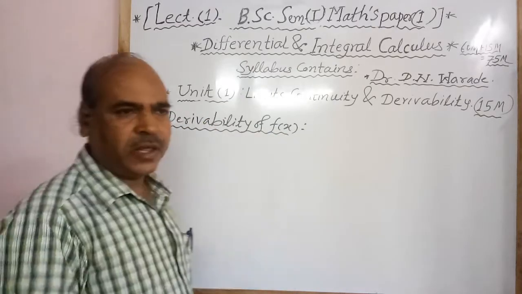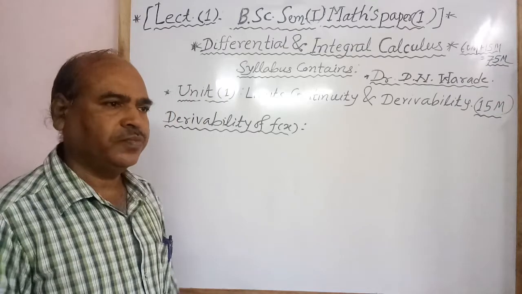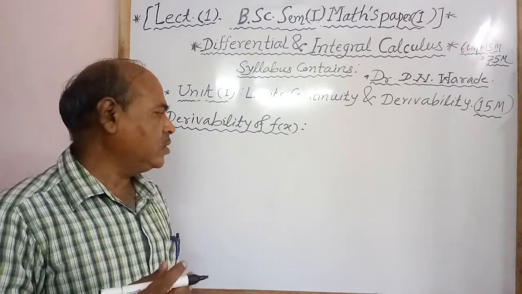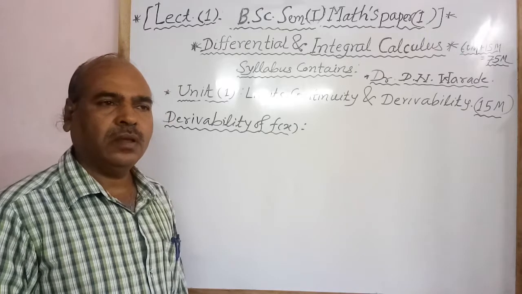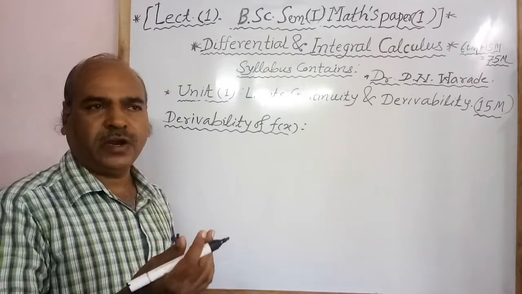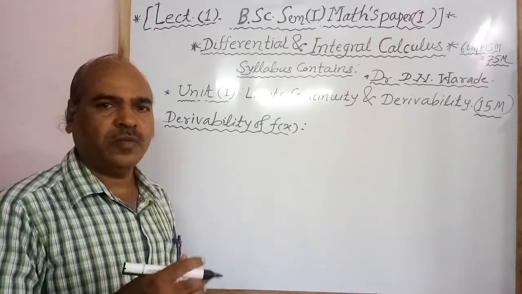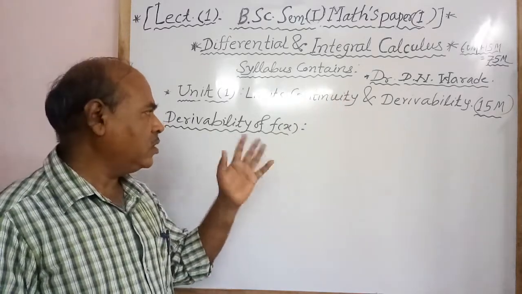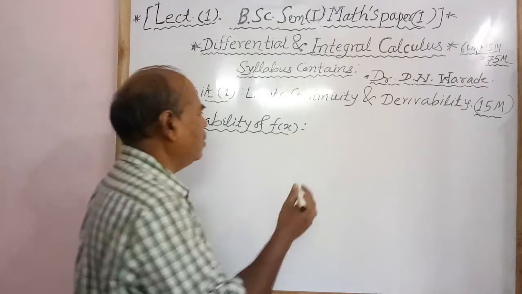You have seen this in the 12th class. It is the limit: if the limit exists, then we say that it is the derivative of the function at that point x0, limit h tending to 0, f of x plus h minus f of x divided by h. If the limit exists, then it is called the derivative.